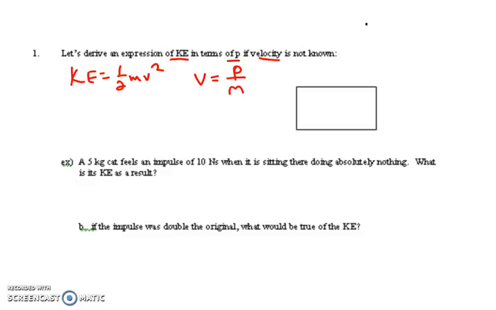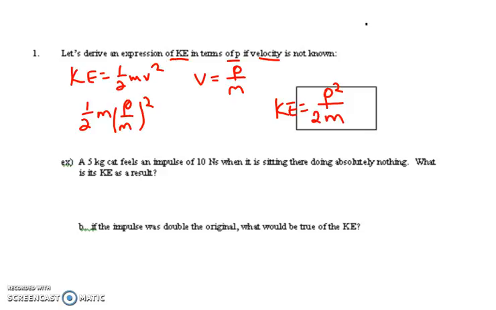So we just substitute in p over m for v in 1/2 mv squared. So we get 1/2 m times (p over m) quantity squared. And if we simplify, we get p squared on the top. So this is KE, and then we have the 2, and then we have m divided by m squared, so that would leave an m on the bottom.